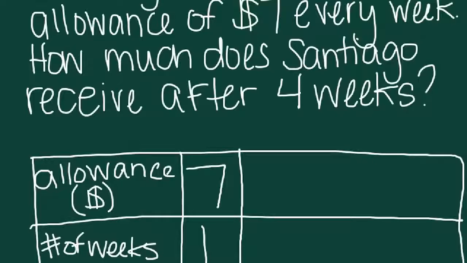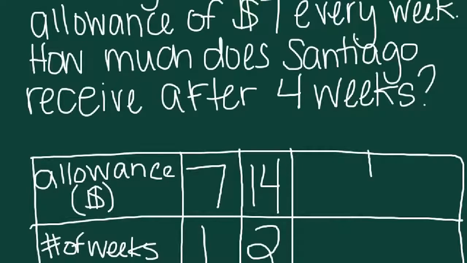If after 2 weeks I need to find out how much Santiago makes, to get from 1 to 2, we write our 2 there. I make $7 every week. If after 1 week I make $7, after 2 weeks, how much do I make? The easiest way to figure that out is to do 7 times 2, which is 14.